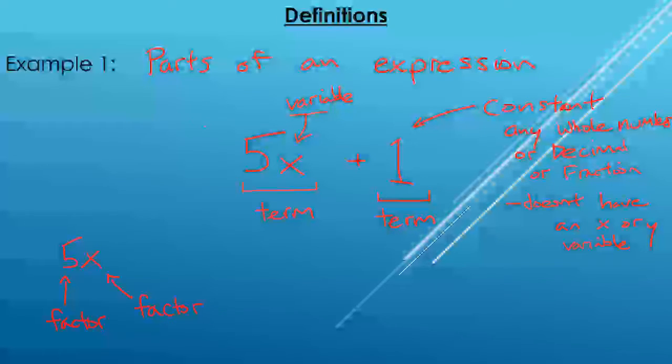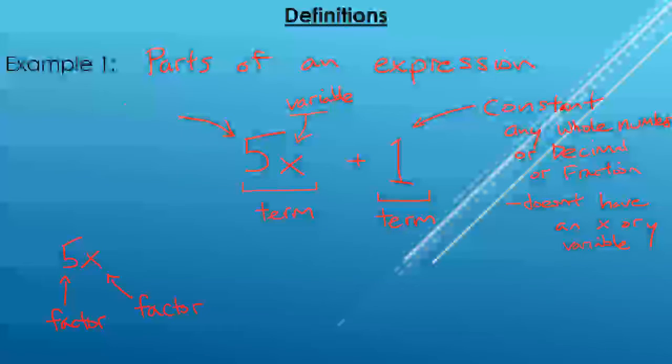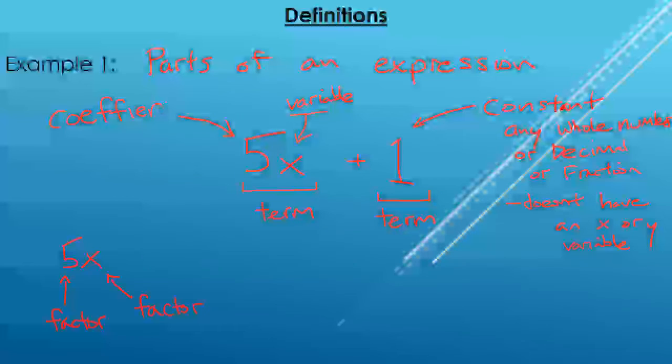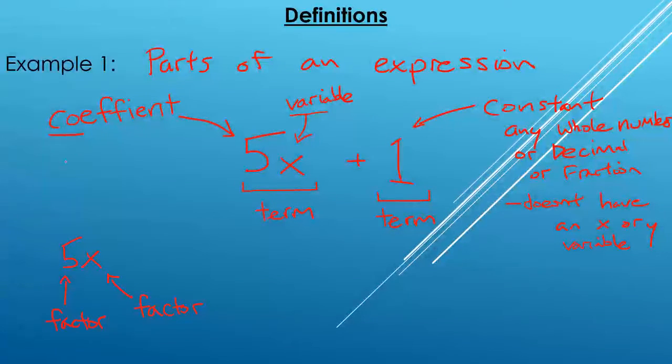And then the last term I want you to know is coefficient, and this 5 is a coefficient. The beginning of that word, the prefix is co, and that means together or with others, just like coexist or co-worker.